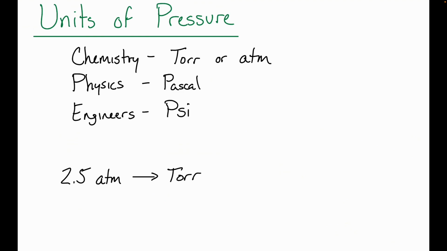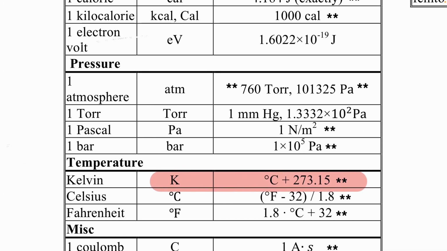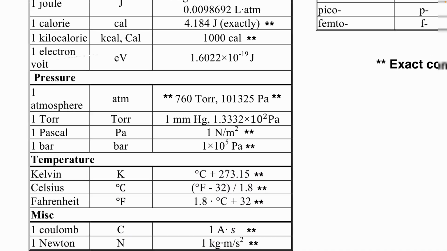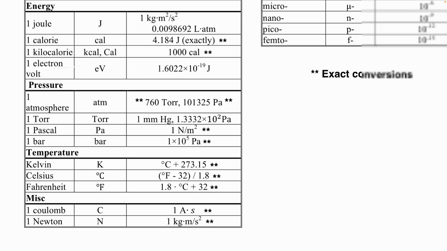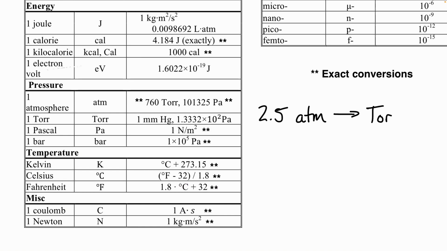All right, so 2.5 ATM into torr. Let's go to our constants page. Again, if we look right above that temperature section, we have this pressure section here. All right, so again, everybody take a second and convert 2.5 ATM into torr, doing one of our unit conversions.